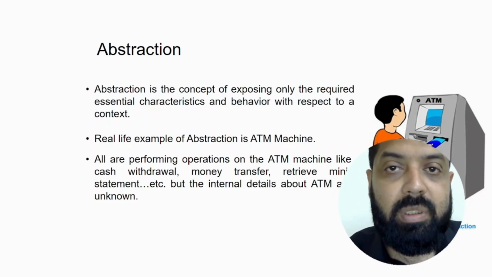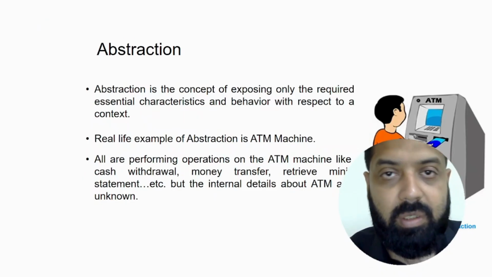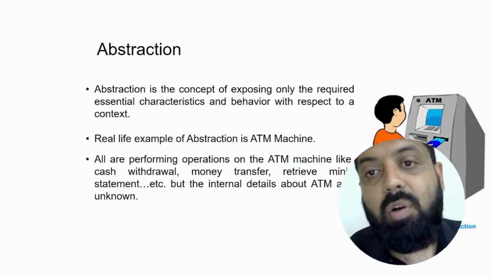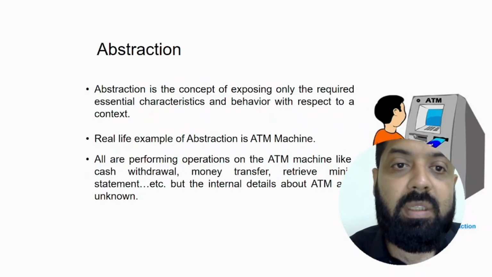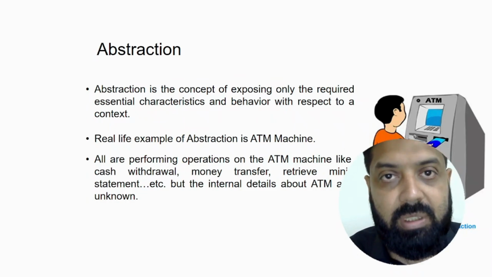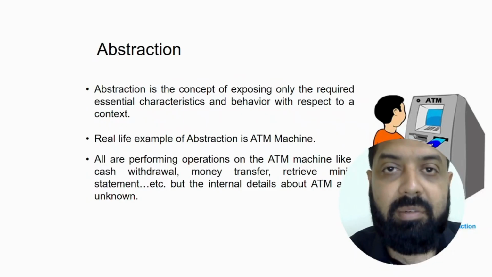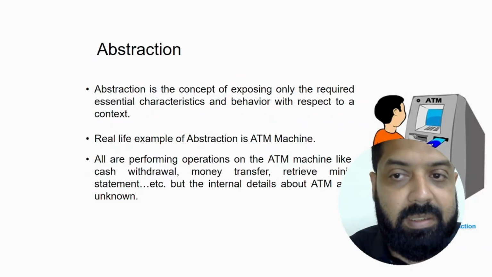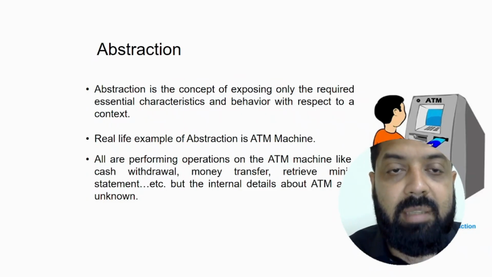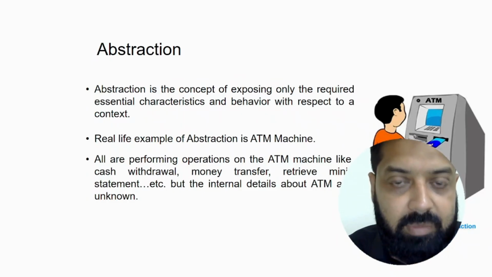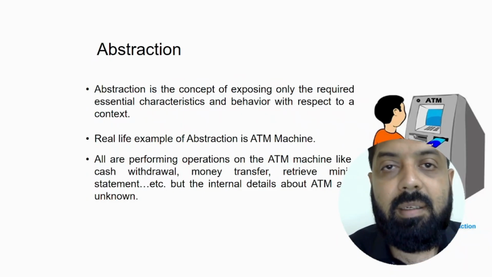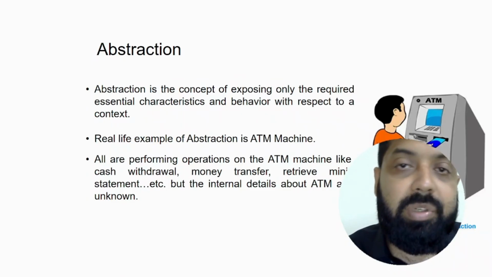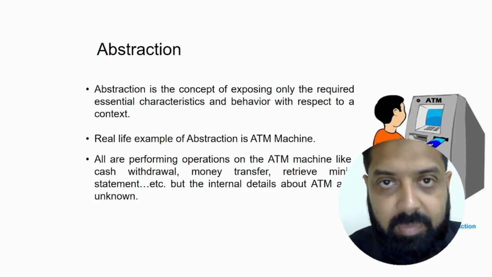One more thing, I am going to recall the concept of abstraction: it is the concept of exposing or showing only the relevant information, characteristics, behaviors or methods with respect to a given context. Whatever the real world scenario is, we can perform abstraction accordingly, where we want to hide the methods in our classes. One good real world example is the ATM machine.